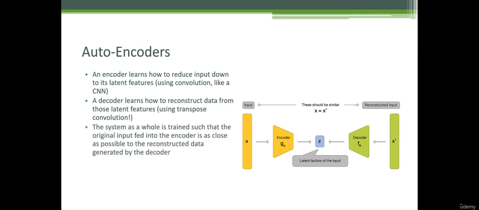Now the system as a whole is trained such that the original input fed into the encoder is as close as possible to the reconstructed data generated by the decoder. What I just said, but let me make that a little bit more real with an example. Let's say that we're training this on pictures of shoes, just to pick something out of the blue. The encoder would distill that down into the essence of what makes a different kind of shoe.